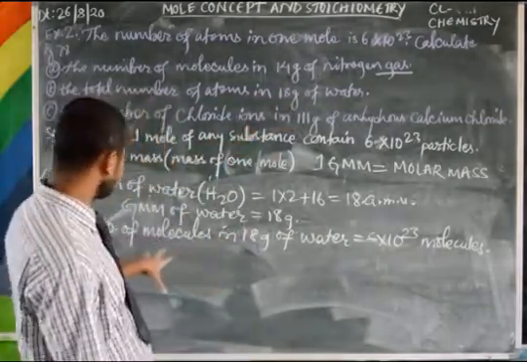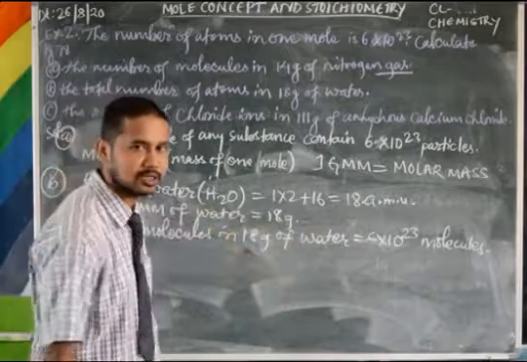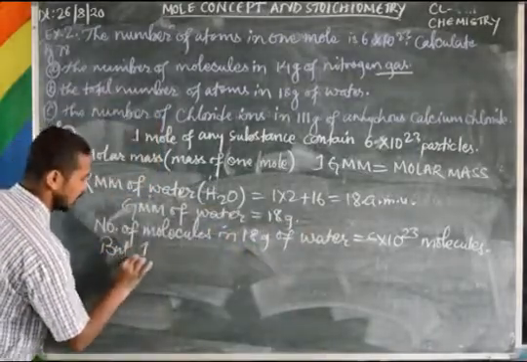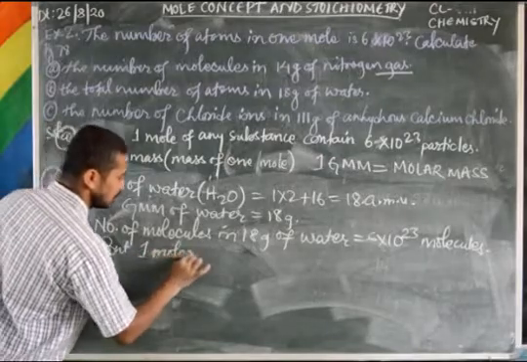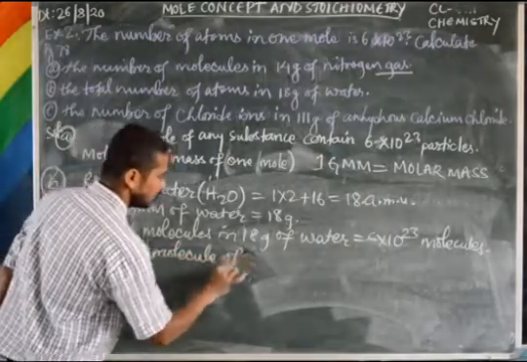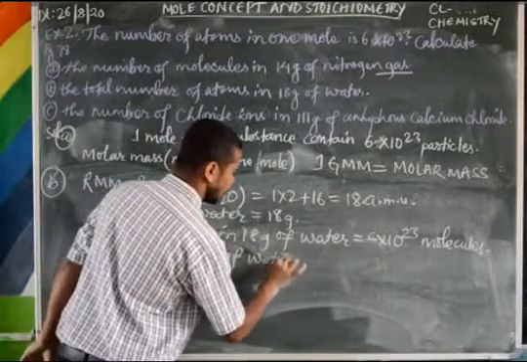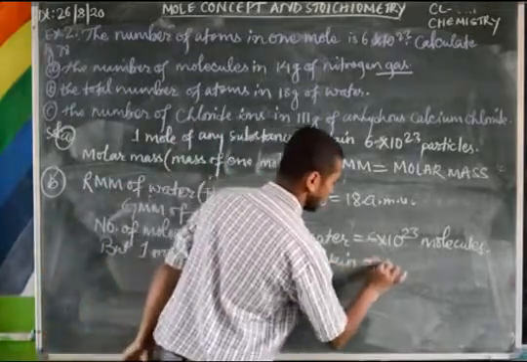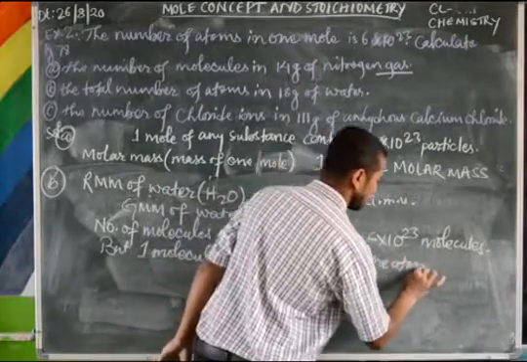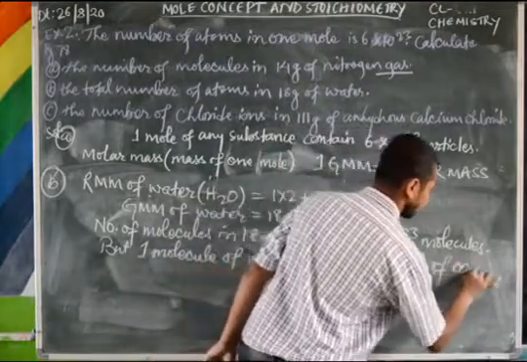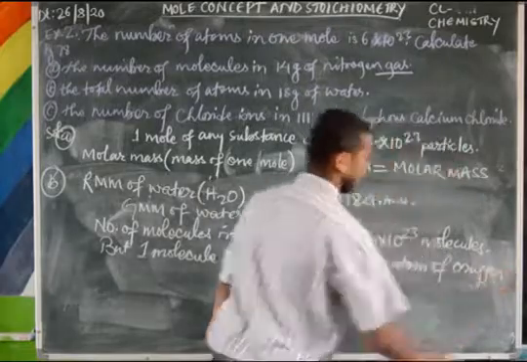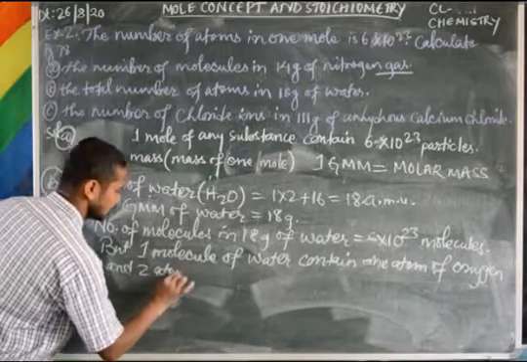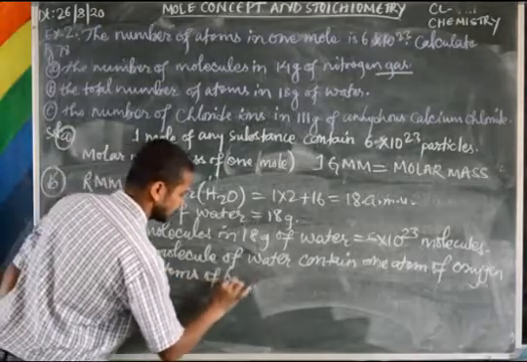Okay, that means 18 gram of water will have 6 into 10 to the power 23 molecules. But one molecule of water contains one atom of oxygen and 2 atoms of hydrogen.